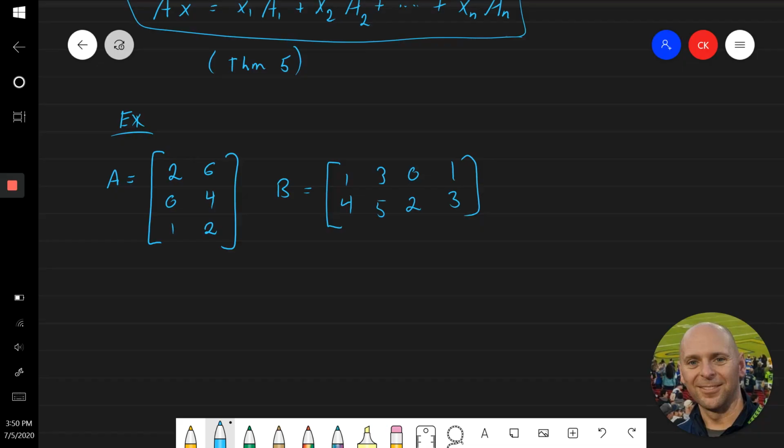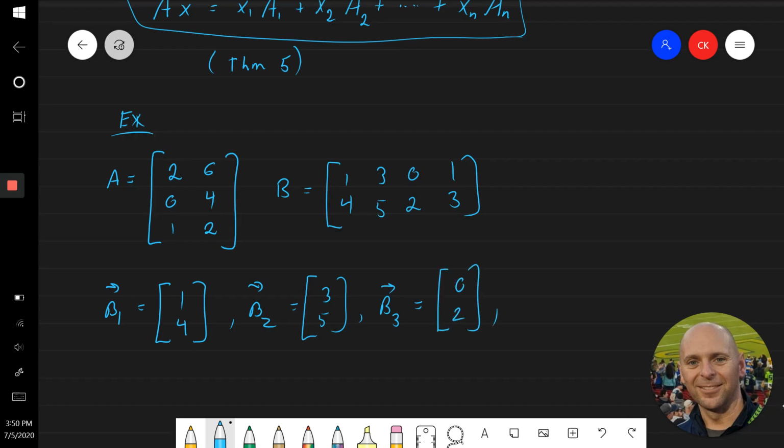And of course, we can do our row times column bit, but using this sort of different understanding of matrix multiplication, we can define B1 to be equal to 1, 4. And we would take B2 to be equal to 3, 5. And right on down the line, B3 would be 0, 2. And B4 is 1, 3.